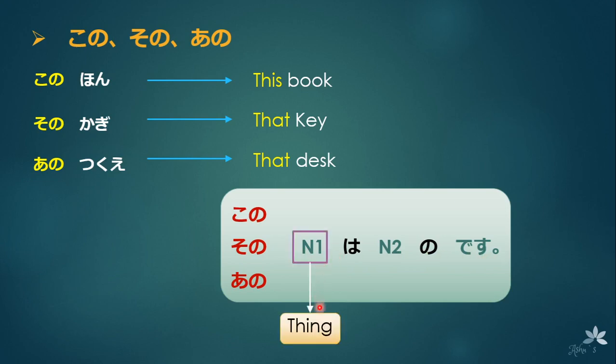N1 here we are taking it as a thing, and N2 should always be a person. So here in these sentences, the subject of the sentence will be kono N, sono N, and ano N. So we are going to talk about this noun, and that over there noun.